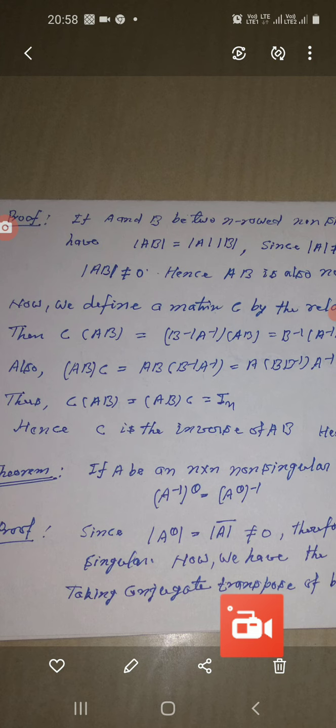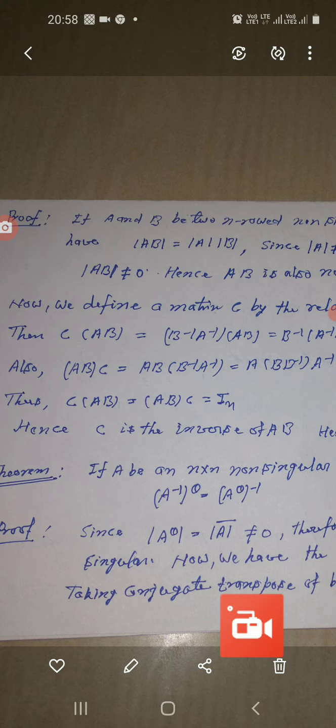Now we define a matrix C by the relation C is equal to B inverse into A inverse. Then we have C times AB is equal to B inverse A inverse times AB.